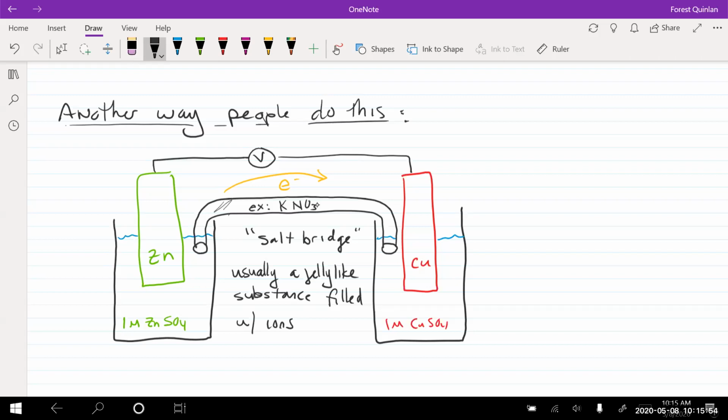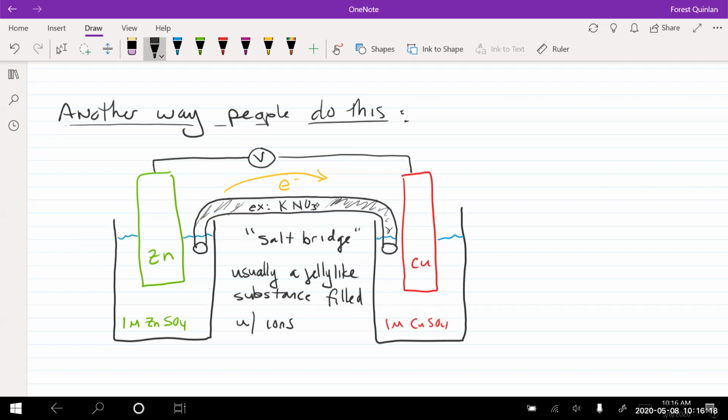Now, this salt bridge has an advantage over the other cell. The other cell, that semi-permeable membrane, is usually some sort of sintered glass, meaning it's glass and it's got really, really tiny pores in it and allows things to move through. But what if you did not want that ion, that sulfate, going back the other direction?